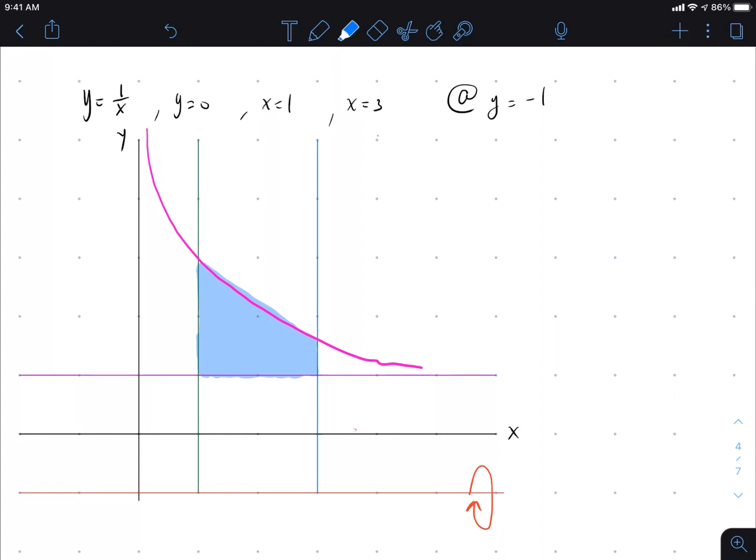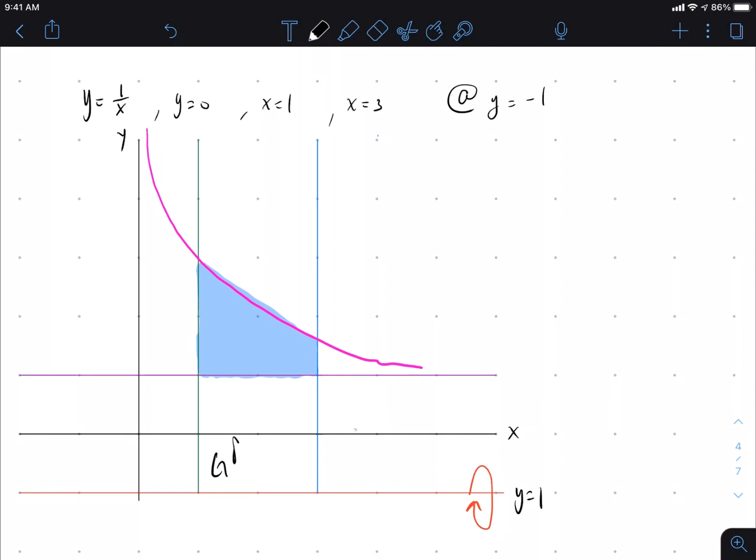Right? Okay. So, is there a gap? No. Where's the axis of rotation? I have the red line with the circle around it. Y equals -1. Yes, there's a gap. This is y equals 1.